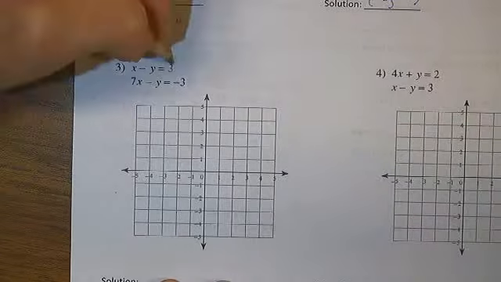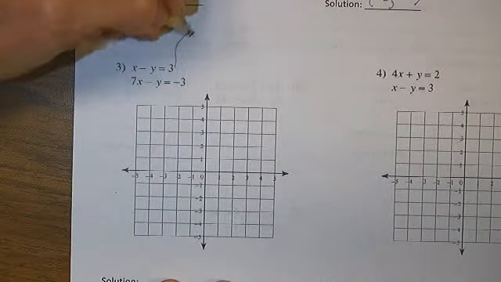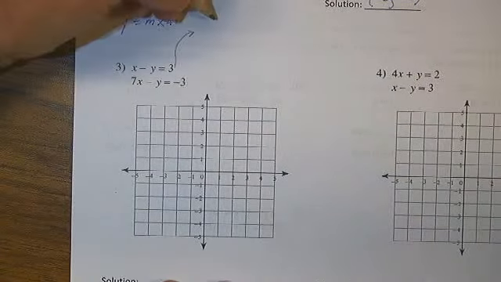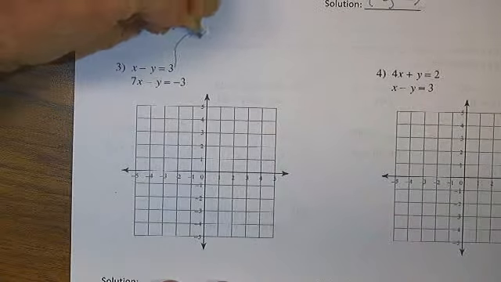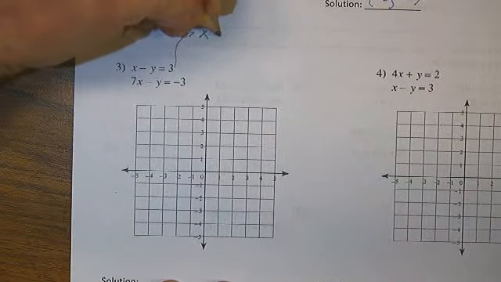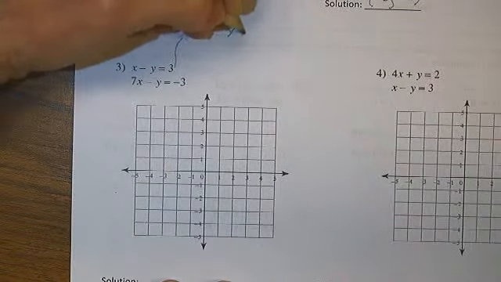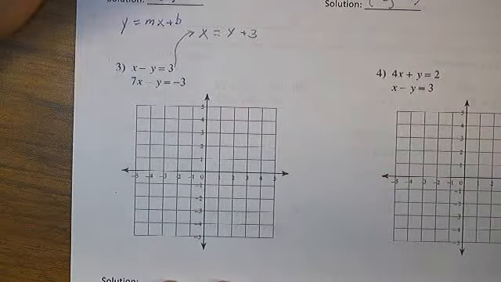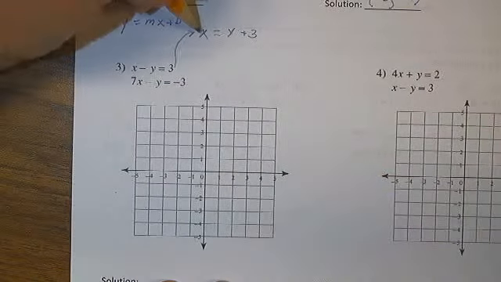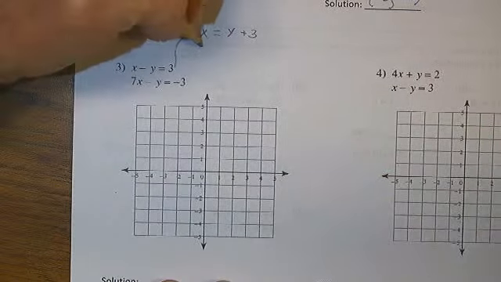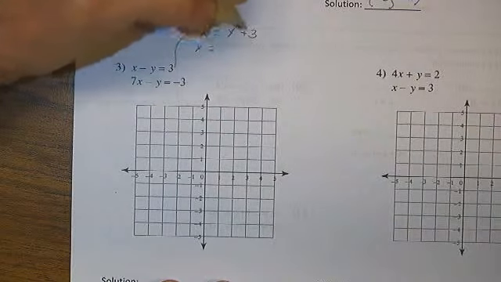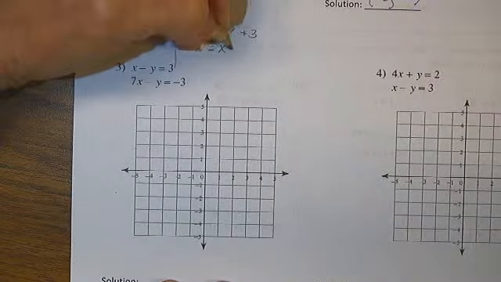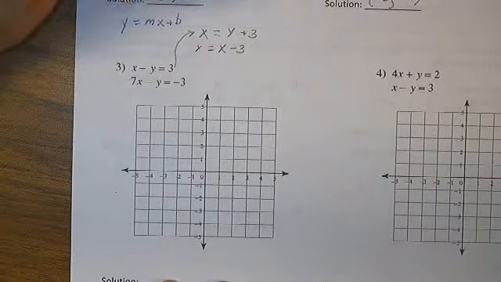I myself personally am going to add y to both sides. That is going to give me x equals y plus 3. Then I'm going to subtract 3 from each side. So that's going to give me y equals x minus 3.